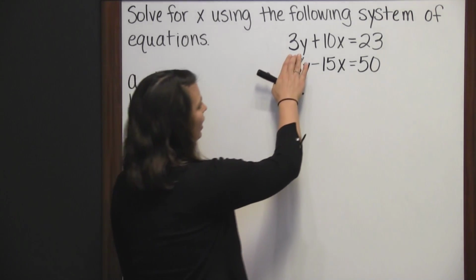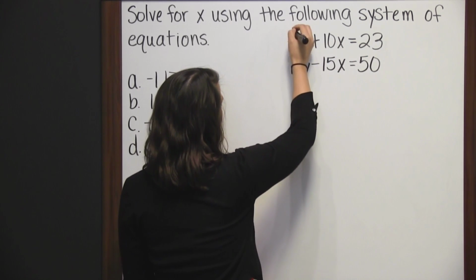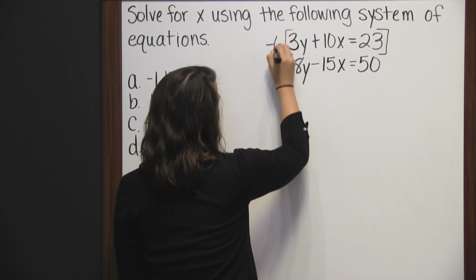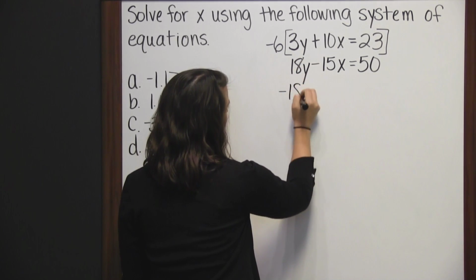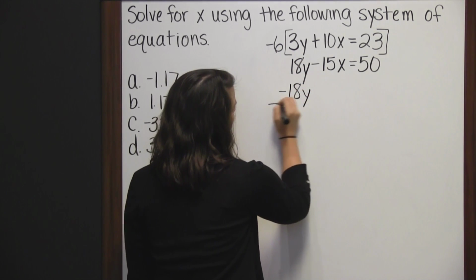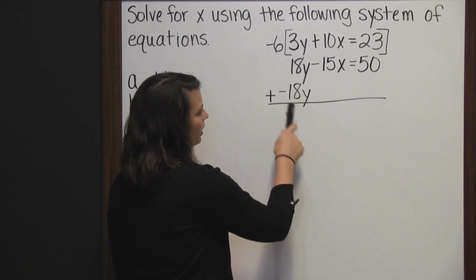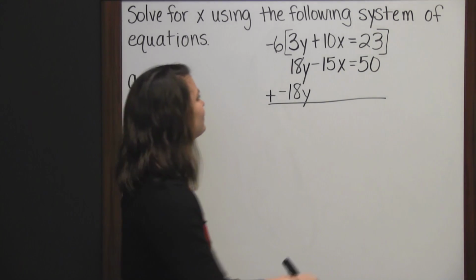To get rid of y, I need to multiply this whole equation by a negative 6, because negative 6 times 3y is negative 18y. And then when I add my two equations together, 18y and negative 18y will cancel or eliminate.